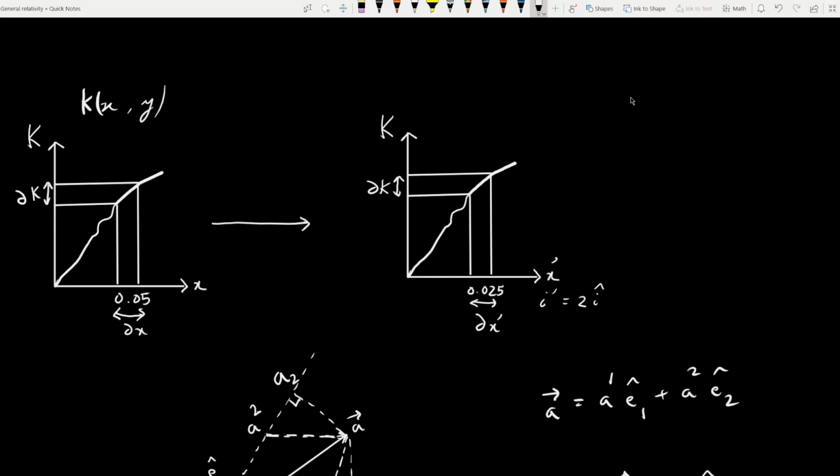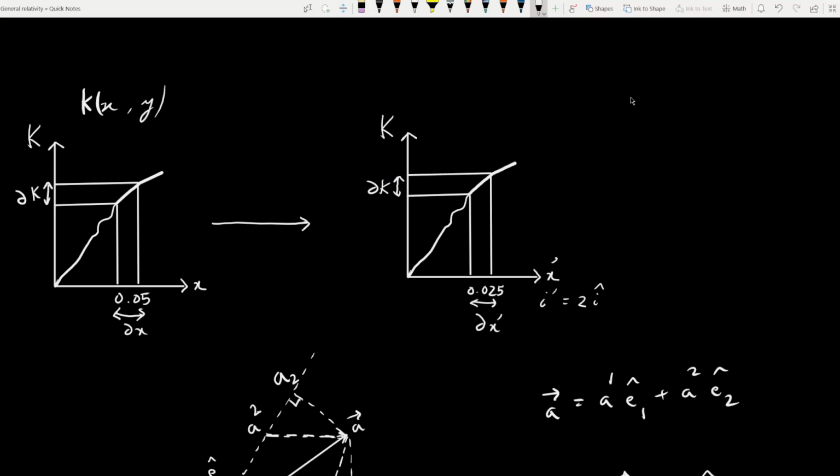Now here we can see that before the transformation there is a change in k for some change in x, and after the transformation that same change occurs over half the distance.